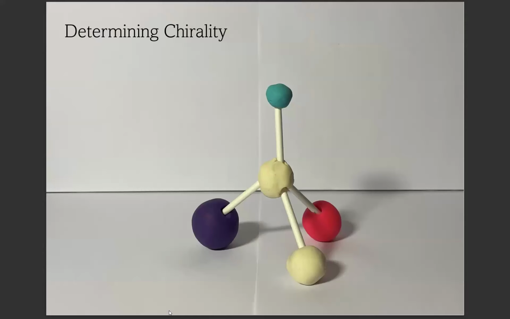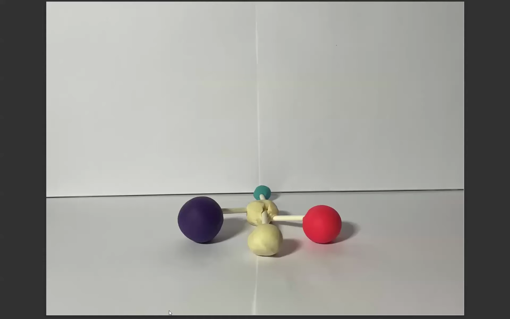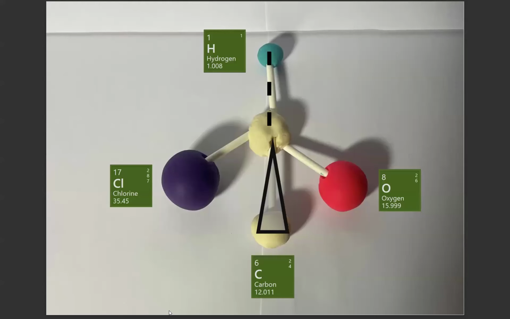To determine the chirality of an enantiomer, we can start by giving our molecule a pat to flatten it. There we have our flattened molecule, with the triangle on the carbon side group to remind us that it was pointing up before we squashed it.